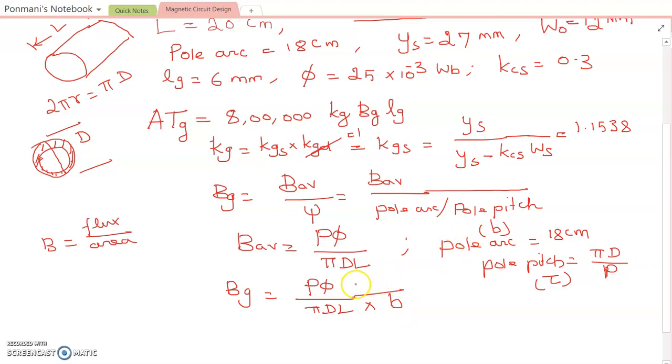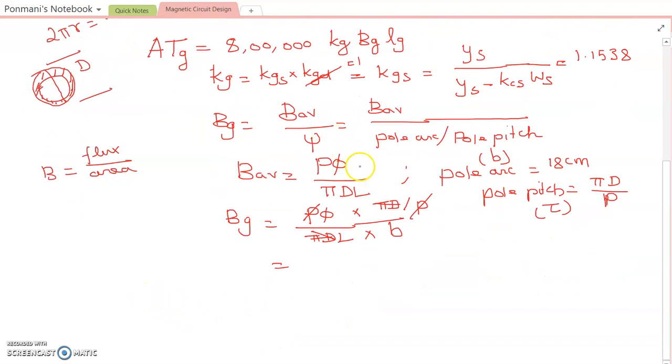The pole pitch will be in the denominator, so it is pi D by P. Now what will happen? P and P get cancelled, pi D and pi D get cancelled. So the remaining parameters are phi by L into B.